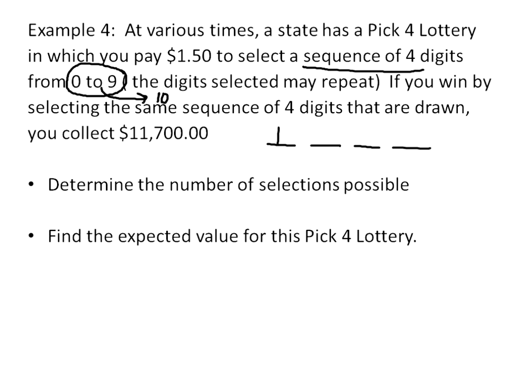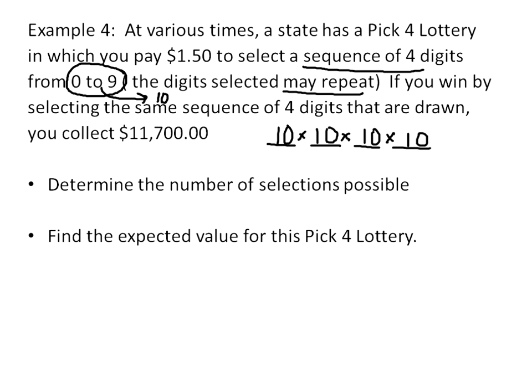So the first, I have 10 numbers to choose from. Now it says the digits may repeat, so for the next one, I have another 10 to choose from. Again, the digits may repeat, so for the next, I again have 10 to choose from, and so on.